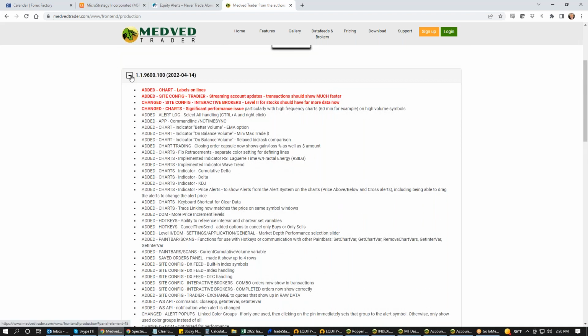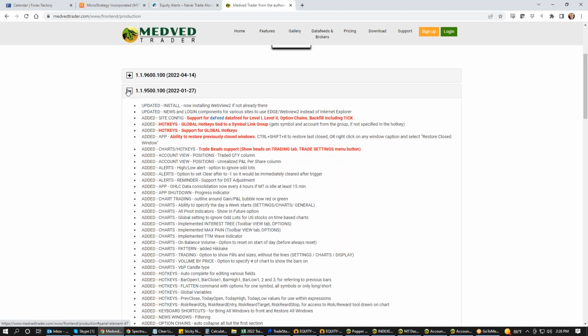Any major update, any major items, are the ones in red.